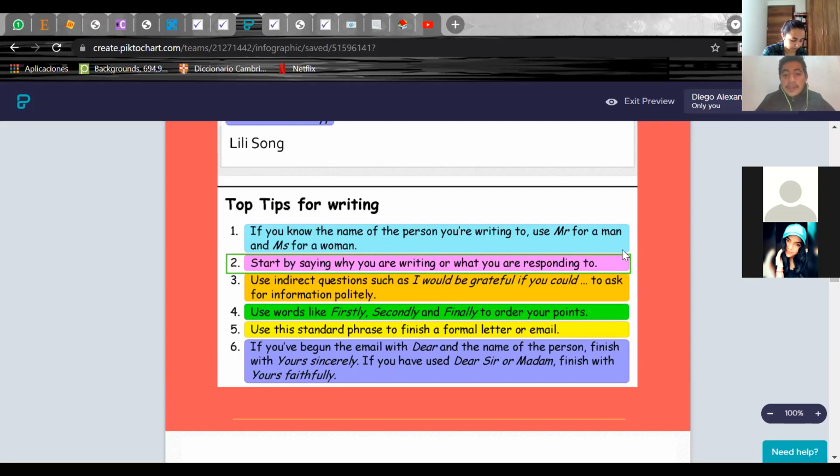So in this case, it's important for us to start in the first line of our formal email. We need to write the reason why we are writing this email, or maybe if we are responding also to an email that we already received. We have to write the reason. Tenemos que escribir la razón por qué estamos escribiendo o por qué respondemos a un email que nos haya llegado, puede ser. So now we are going to read tip number three.